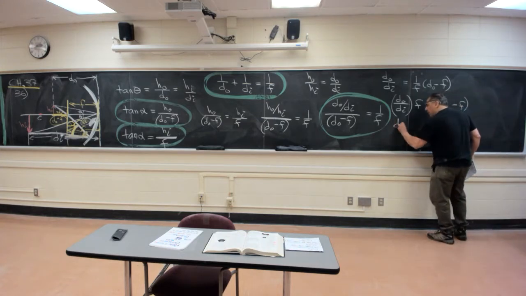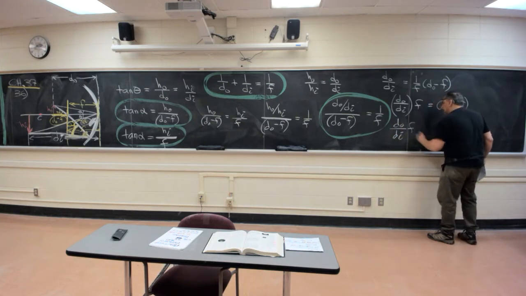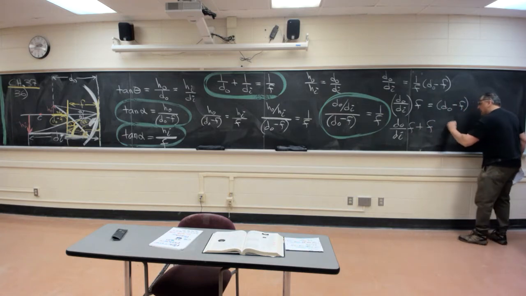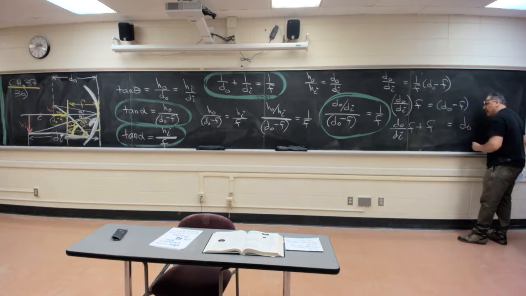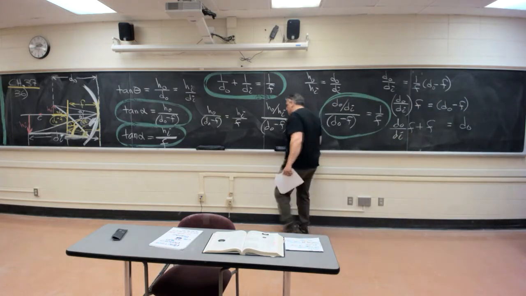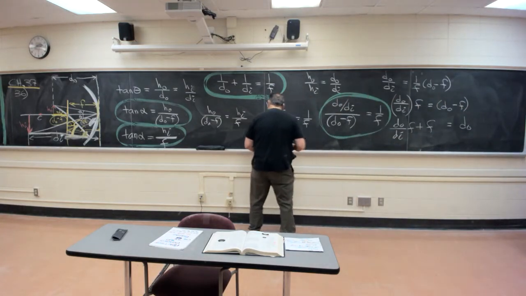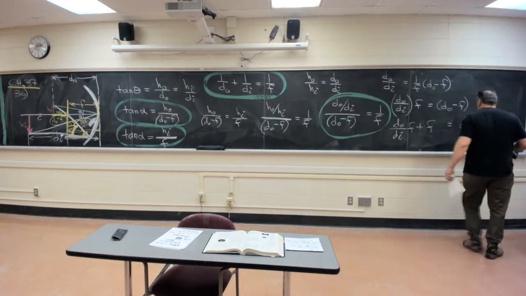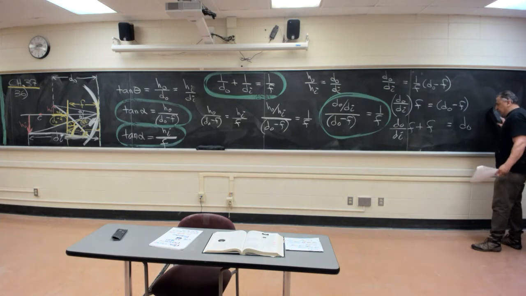So you got DO over DI times F, add an F on each side, set it equal to DO. Well, I'll tell you what, yeah, that's true. The math is valid. If we're believing the assumptions that we're making, everything's fine. True, that's just a true statement.